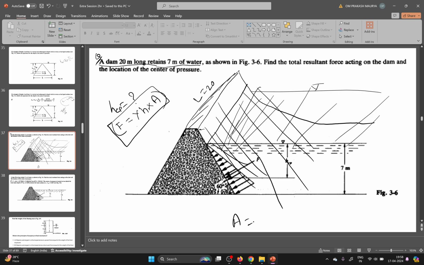So the area is what? 20 meter long, 20 into this width. You need to calculate this length. What will be the area of this one? The length is 20. What is this height? You know already the height is 7, given already, and this angle is given 60 degree in this question.